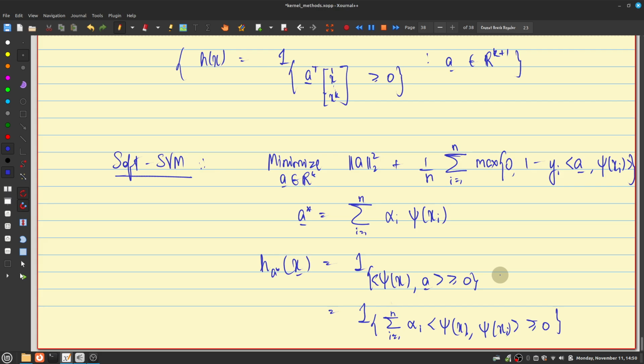The only information I need is what their inner product is. The brute force way is to transform each x to psi of x, and xi to psi of xi, and then compute the inner product, which means the computational complexity involves the transformation plus the inner product in R^k, so that's linear in k. And I need to do this for n different vectors.